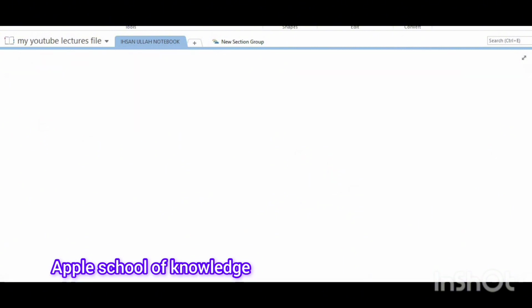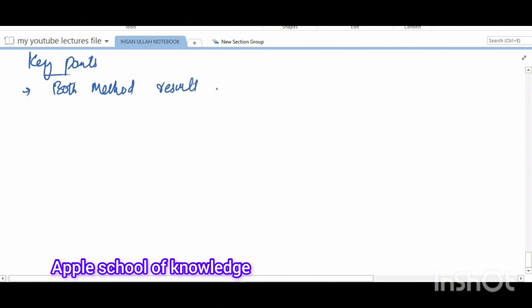Key points for both methods. The first one is both methods result in the same overall impact on profit, which will be nil.